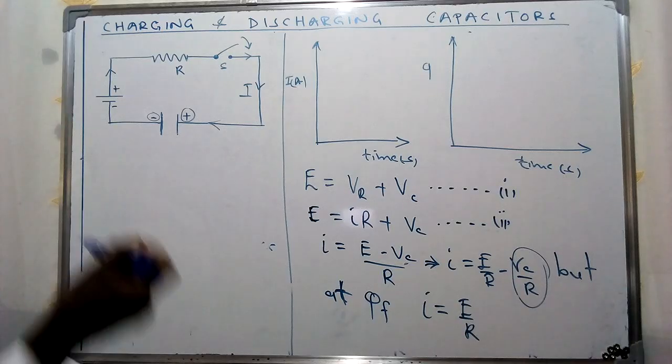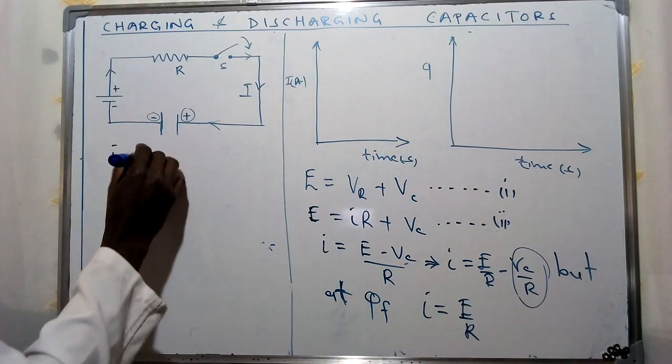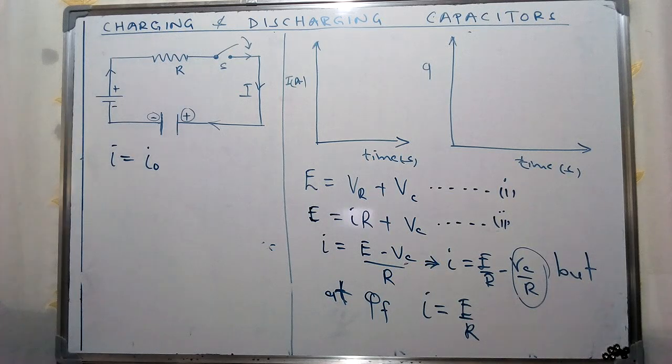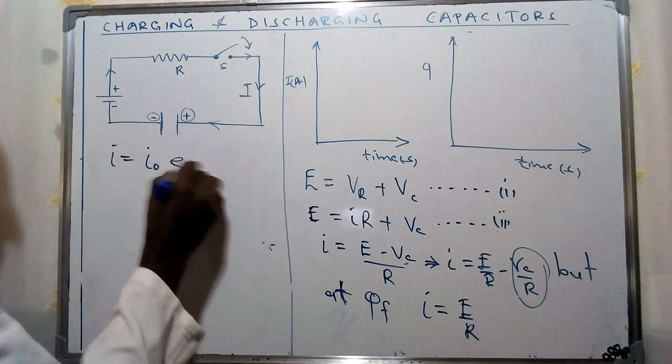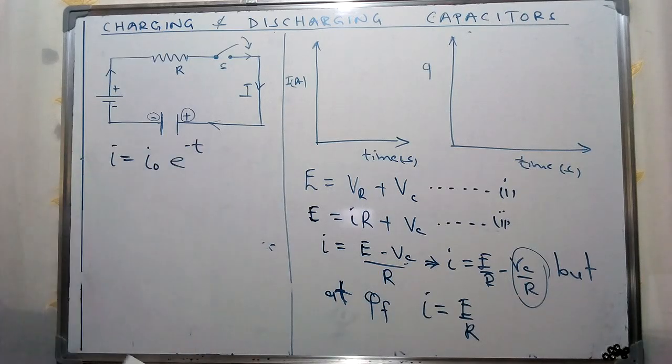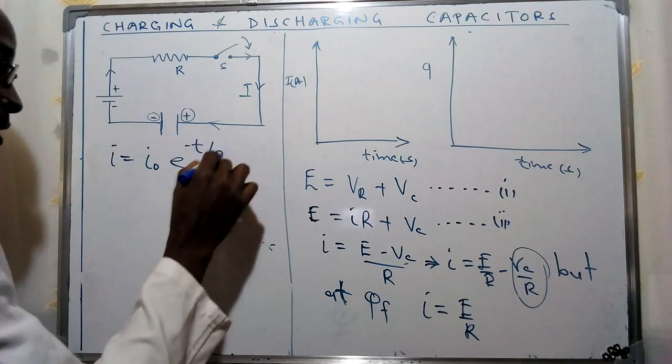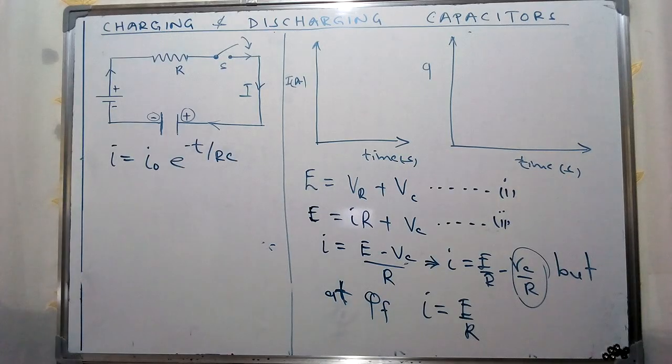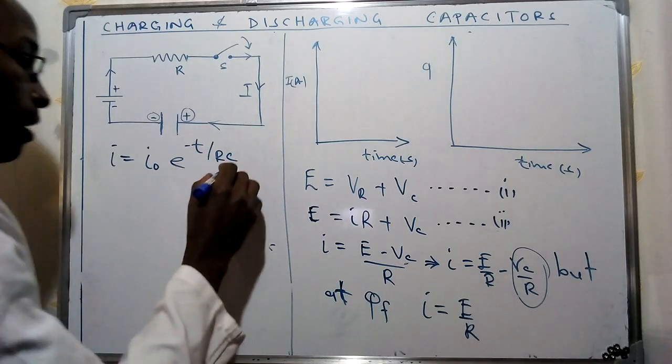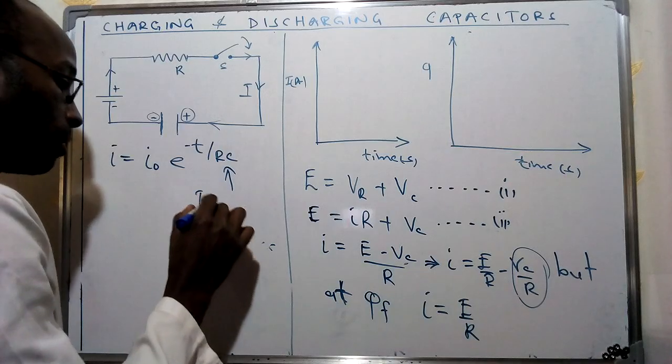So we said that this is going to give us I, the instantaneous current, equivalent to the current at the time when the switch is closed, which is I naught, multiplied by e to the negative power of t over RC, given as such. We gave a specific name for this combination of RC, whereby we referred to it as a time constant.